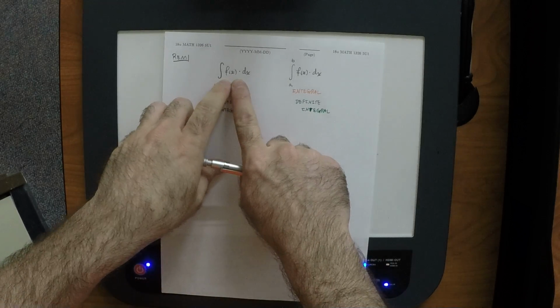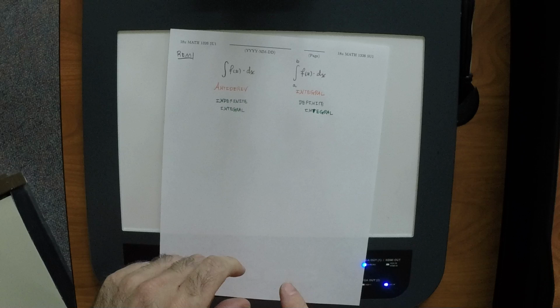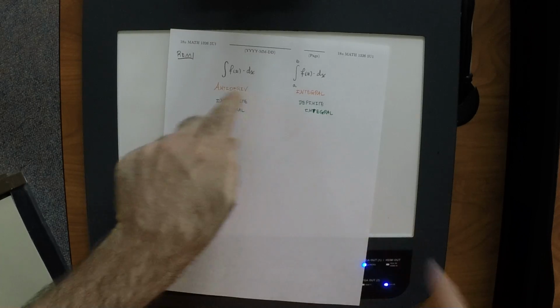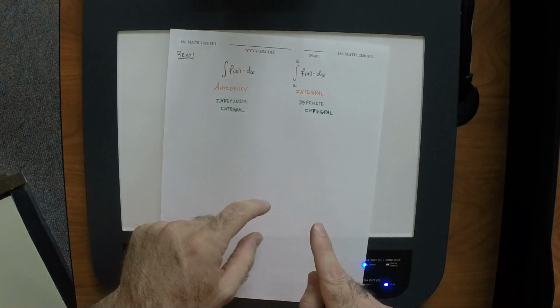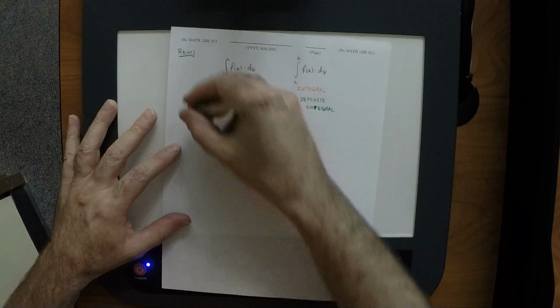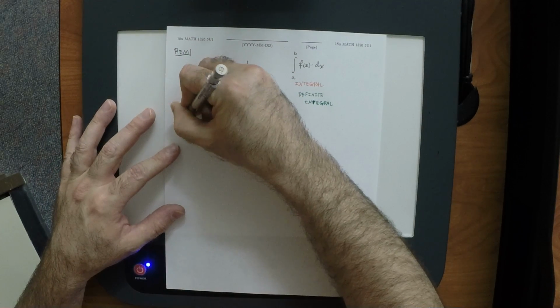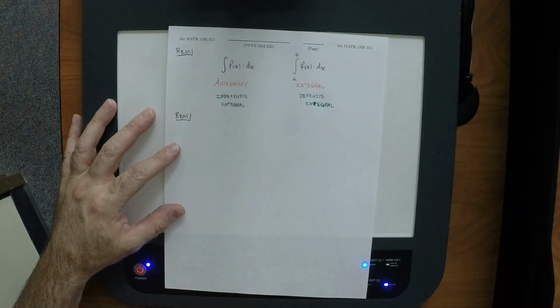This kind of thing outputs a function. That kind of thing outputs a number. Now, these things are intimately related, because otherwise we wouldn't suffer the fact that they look so similar. So what I'm going to do is foreshadow what we're going to talk about next time.